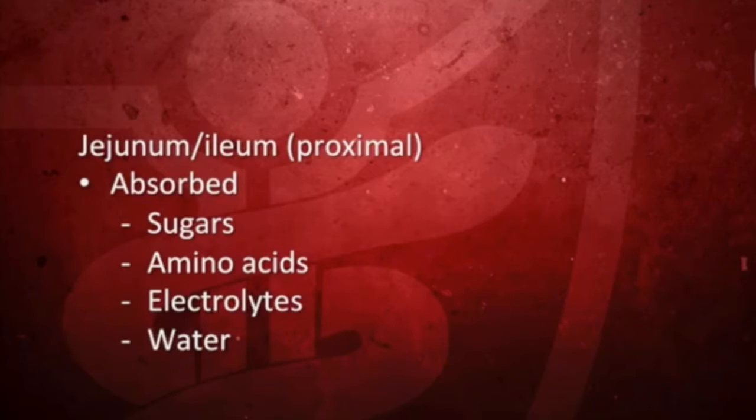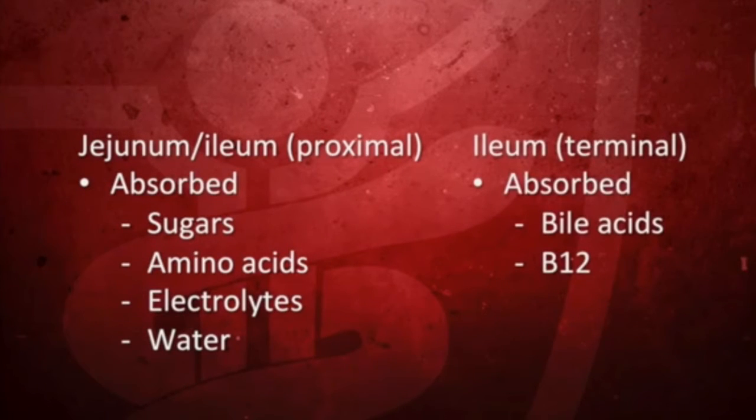The majority of sugars, amino acids, lipids, electrolytes, and water are absorbed in the jejunum and in the proximal ileum, whereas bile acids and vitamin B12 are absorbed in the terminal ileum.